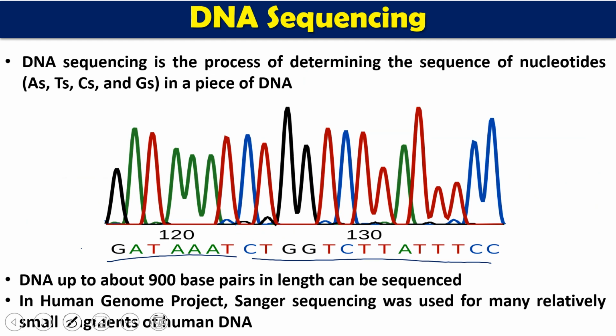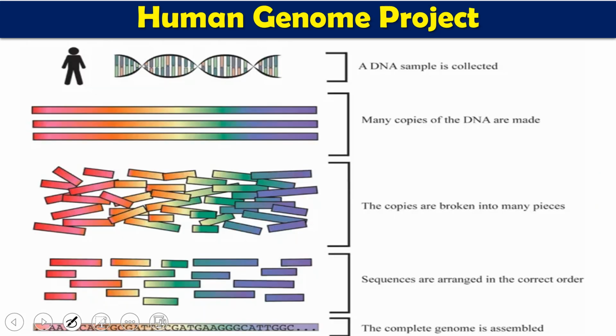The same Sanger's method was used in the Human Genome Project for human gene sequencing. How it worked for the Human Genome Project was this. We know that a human genome has many different DNAs. First, those DNAs were spliced into many different small fragments, and then each piece of DNA was sequenced. Their nucleotide arrangement was evaluated, and then those sequences were arranged in the correct order after seeing the overlapping regions.